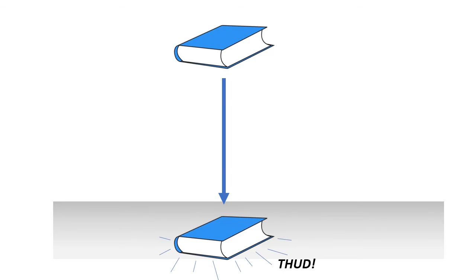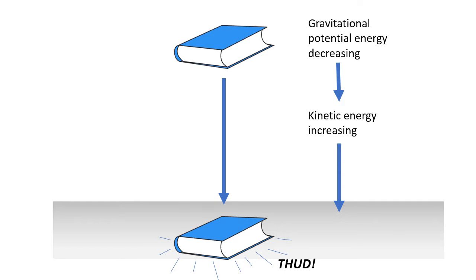Here is an example of a book. If we drop a book from a height onto the table, some gravitational potential energy changes into kinetic energy and then into thermal energy to the surroundings. As gravitational potential energy is decreasing, the kinetic energy store is increasing.